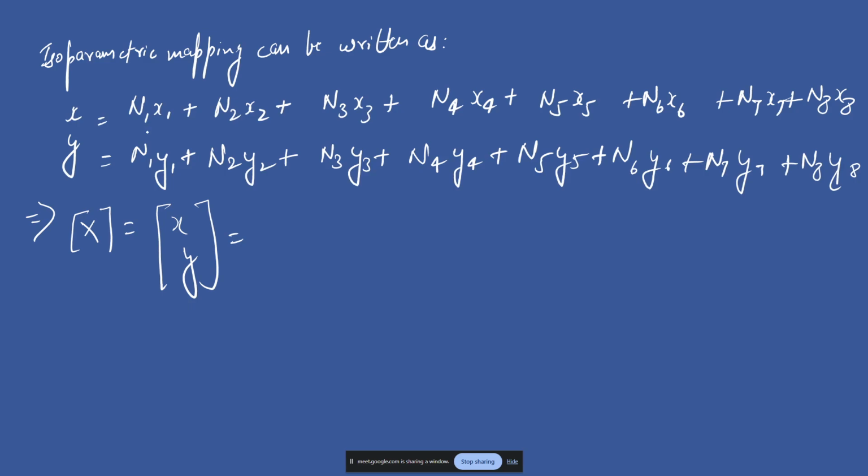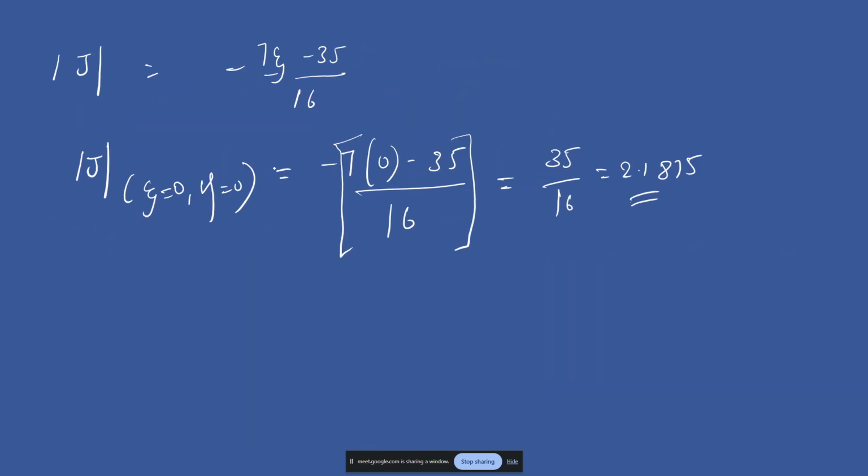So accordingly you can put all the shape functions which you have written before, and you can write the Jacobian in terms of the quadrilateral system.